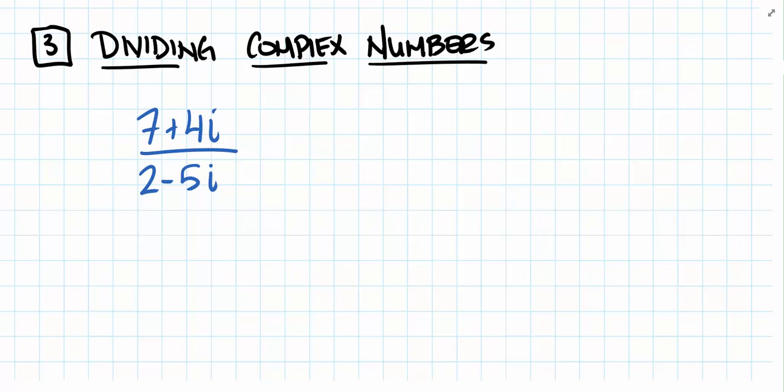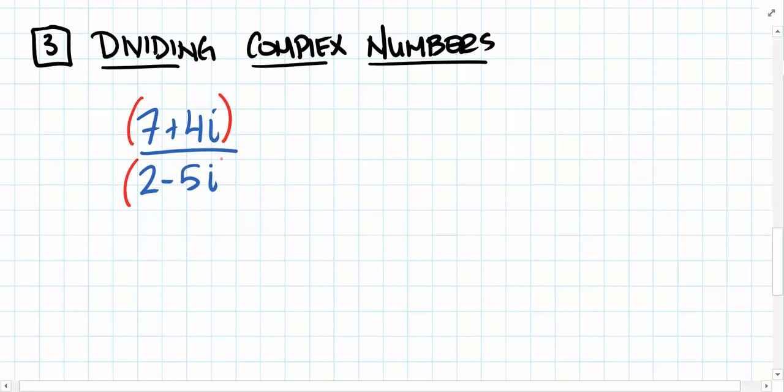Okay, box number 3, we're actually going to use the idea of the conjugate to divide complex numbers. We're not allowed to divide a complex number any other way than the method I'm going to show you right now. So here's the deal. I've got 7 plus 4i, and I want you to consider that an entire number. And then I have 2 minus 5i, and I want you to consider that an entire number.